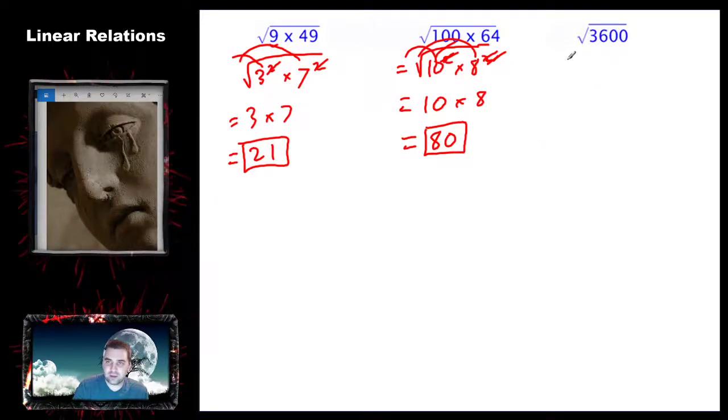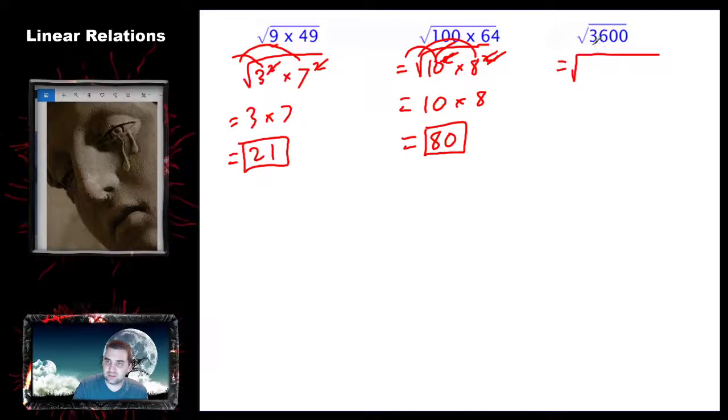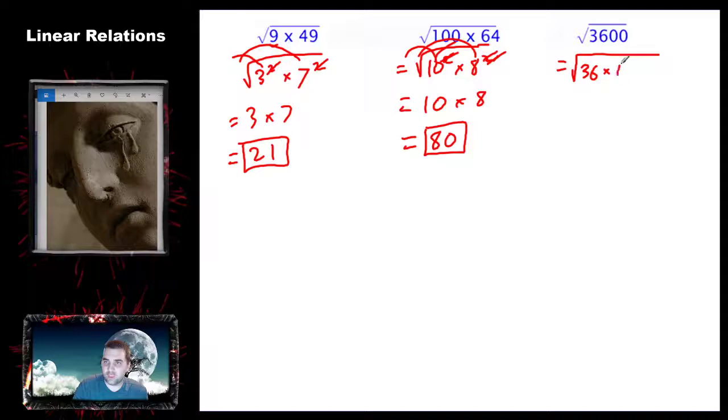3,600. Looks scary, it's not. Remember that the big trick here is let's get that 36 separate, and then we're going to multiply it by 1 and however many zeros were left over. So you should agree with me that 36 times 100 just makes 3,600.